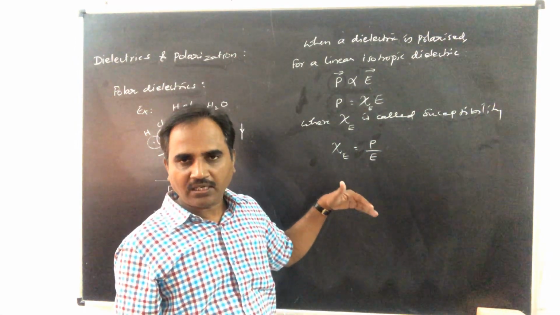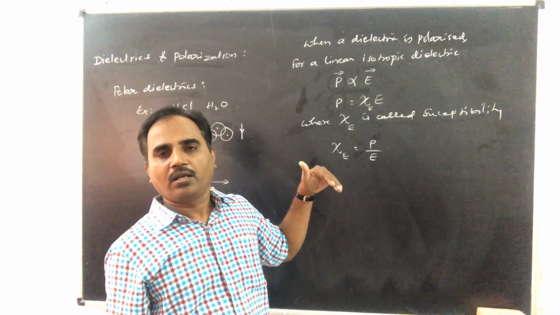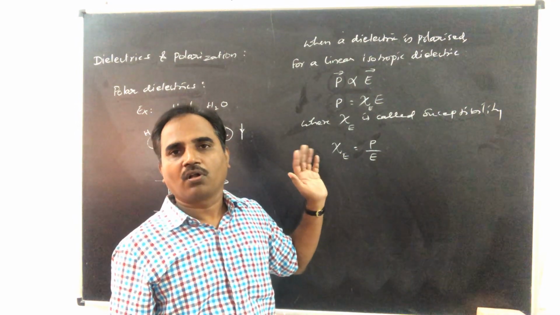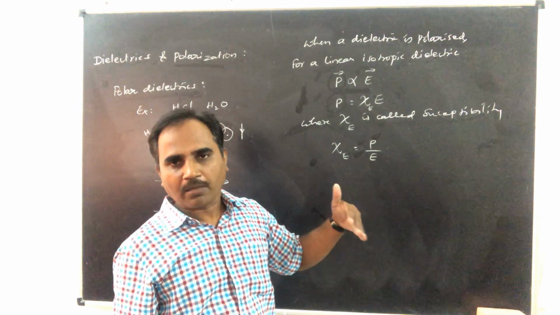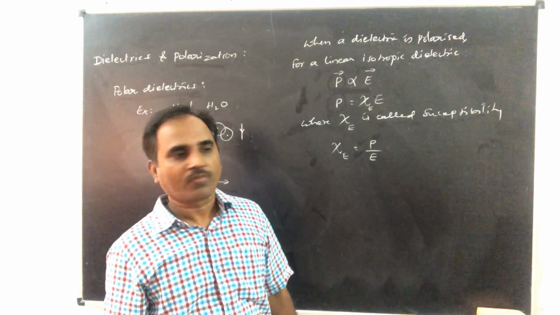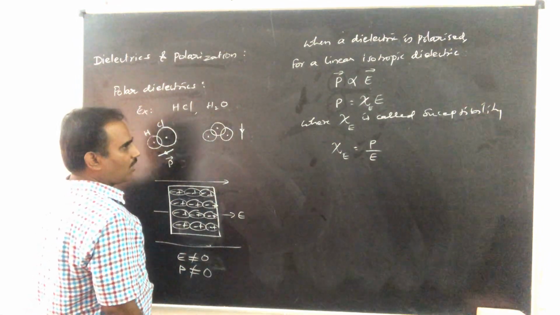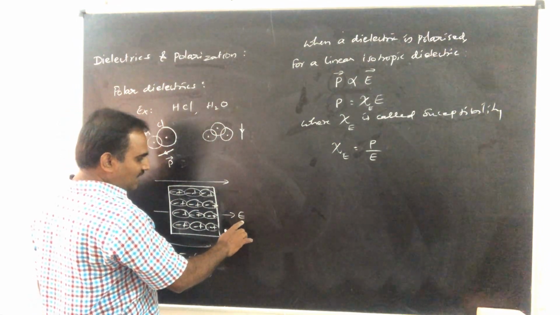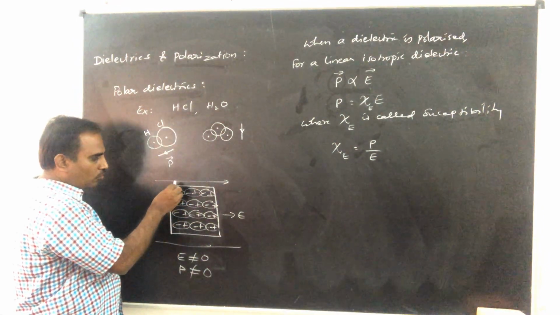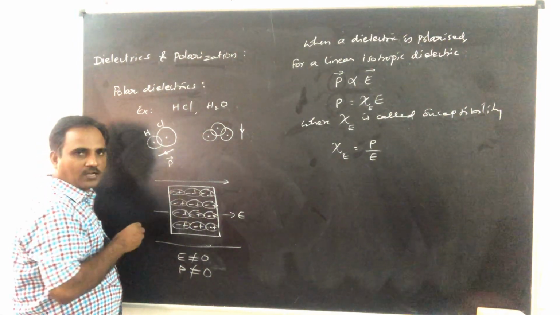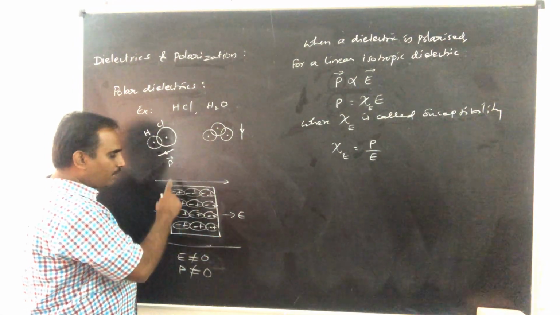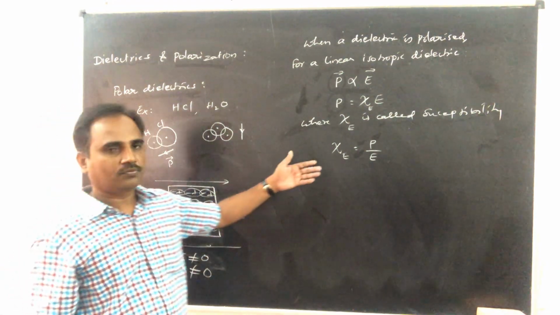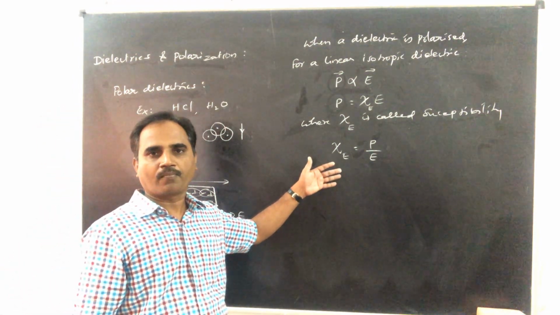This susceptibility is a measure of how easily a dielectric medium can be polarized. See here, as you go on increasing this electric field, these dipoles slowly turn in this direction and this becomes polarized. So how easily a dielectric medium can be polarized is measured in terms of this susceptibility.